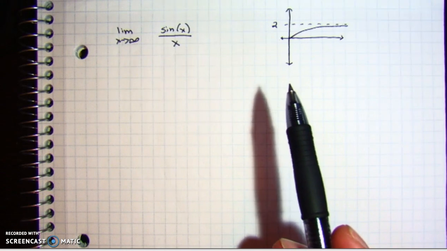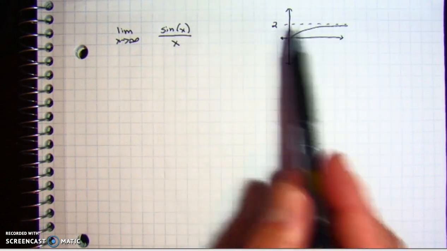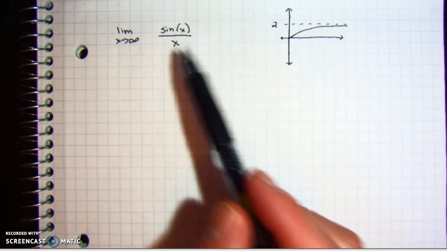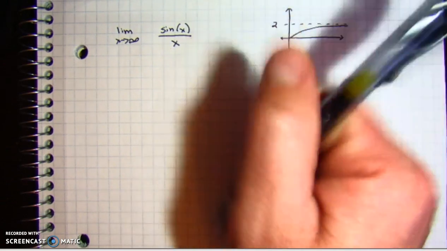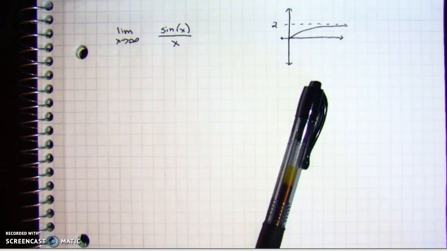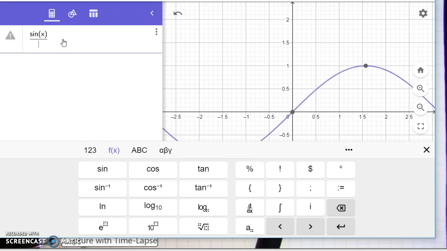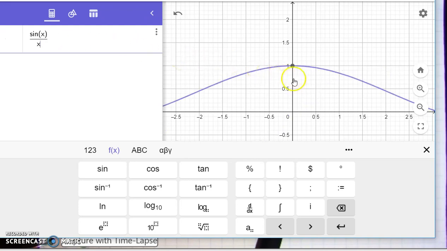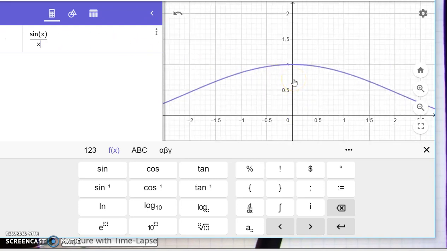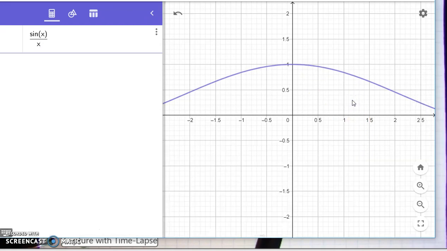But in this case, let's take a look at our sine x over x example here. So I'm going to pull up something. I like this one because it just looks neat. As long as we're here, let's look at why we need to look at end behavior, because really with graphs it's all about what domain and range you're looking at.